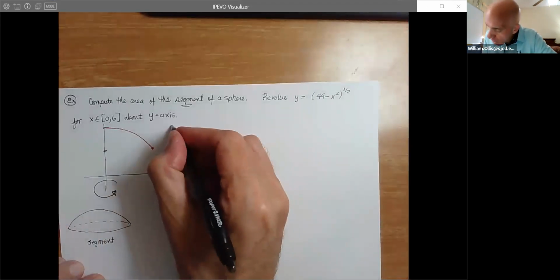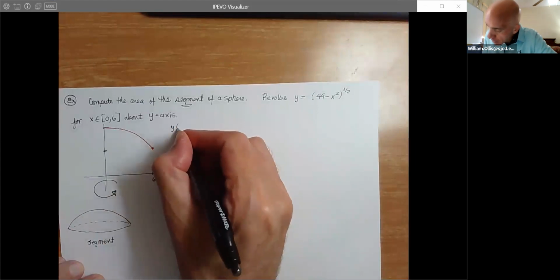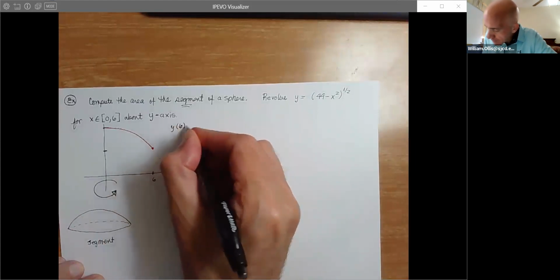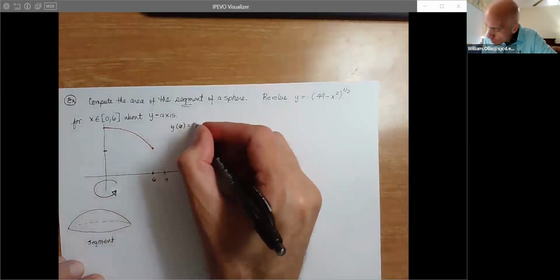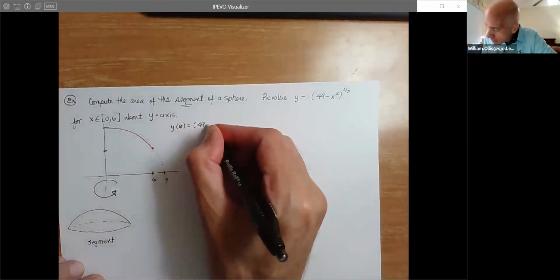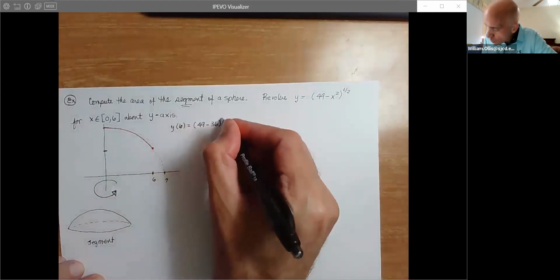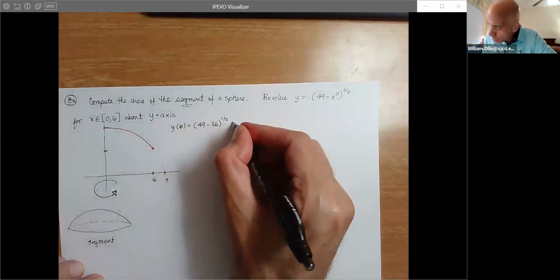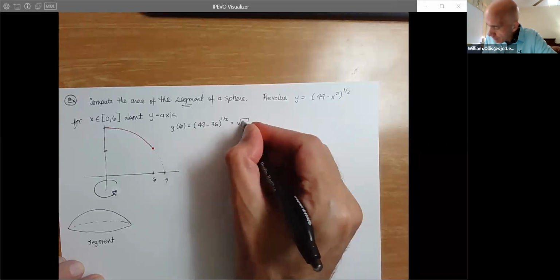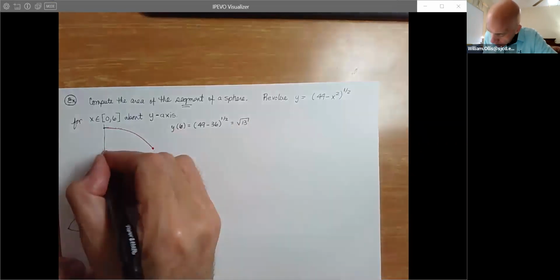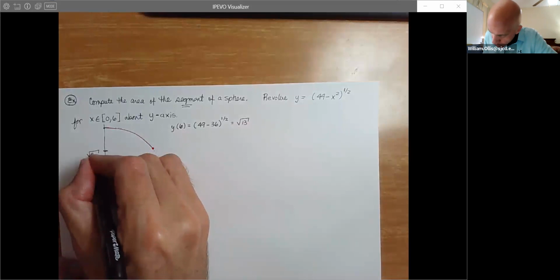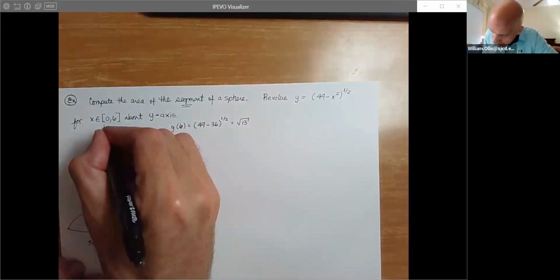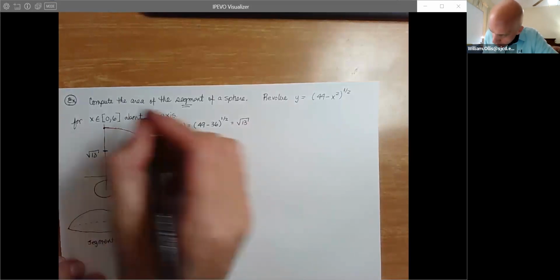Let's just say y of 6. Y of 6 will be 49 minus 36, to the 1/2. But that's just what? 13, square root of 13, right? So here, we have square root 13, and we have what? 7.